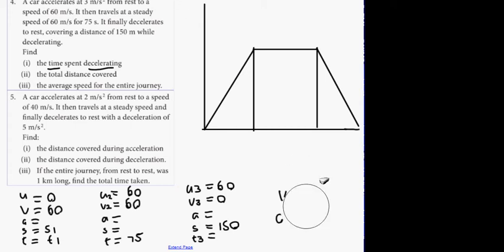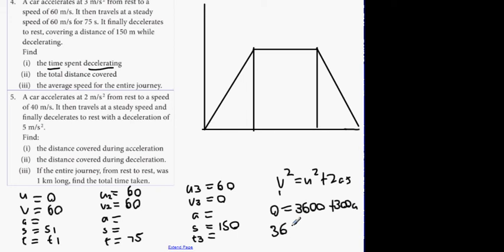So we'd have to go again and we could say, look, it's V squared equals U squared plus 2AS. And we can say that it's 0 equals 3,600, 2 times acceleration is 300A. And then bring the 3,600 over to the other side. And then divide it by 300. And we get A equals minus 12. You happy enough with that?